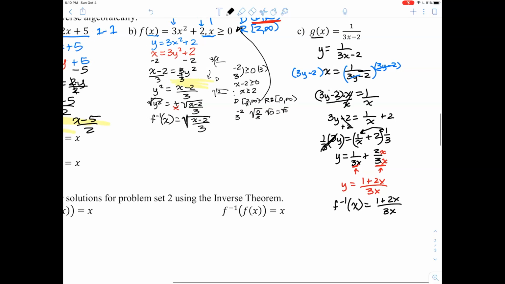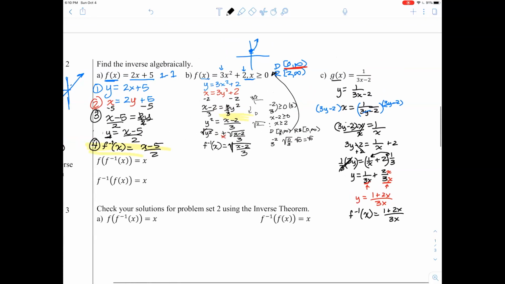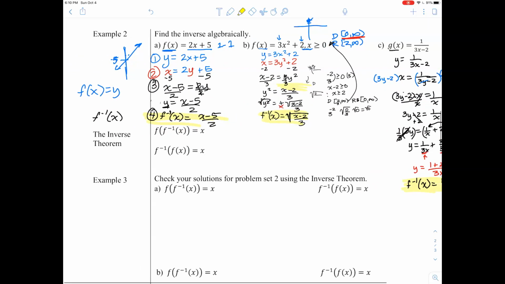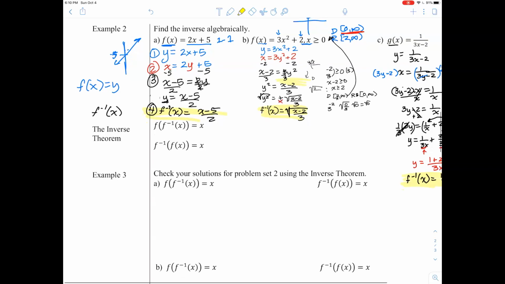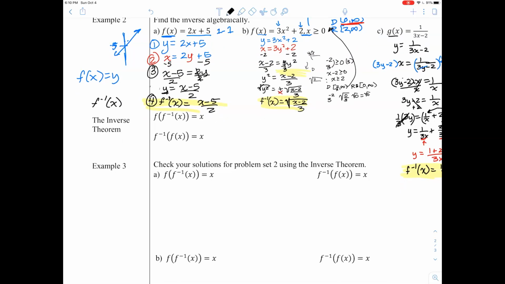Now how do we know that we actually found the right inverse function? Let's take a look at the theorem for inverse functions. If I compose the f inverse of x into the original f of x and simplify it, it should equal x for every x in the domain of the original function.